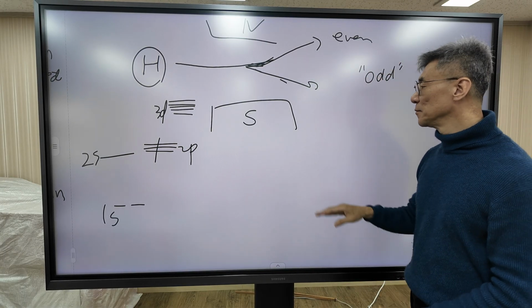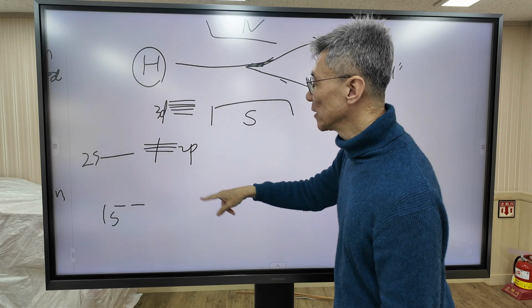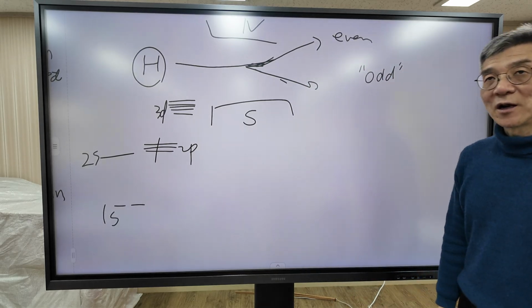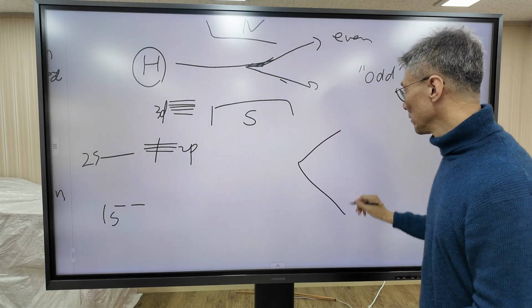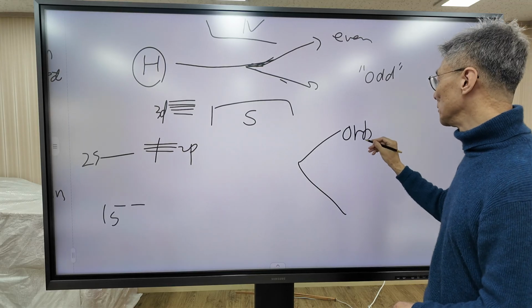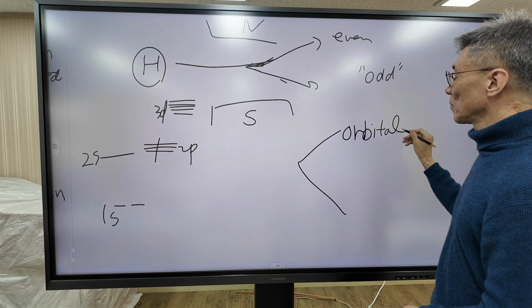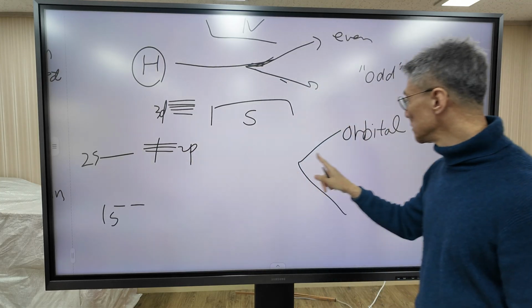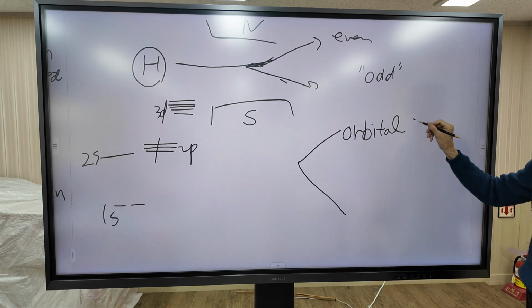So scientists argued that the electron has another type of angular momentum. The first angular momentum is orbital angular momentum. The l quantum number represents the orbital angular momentum.